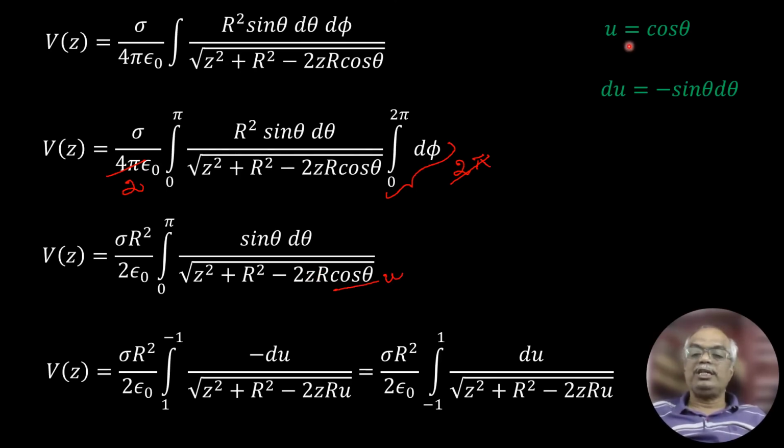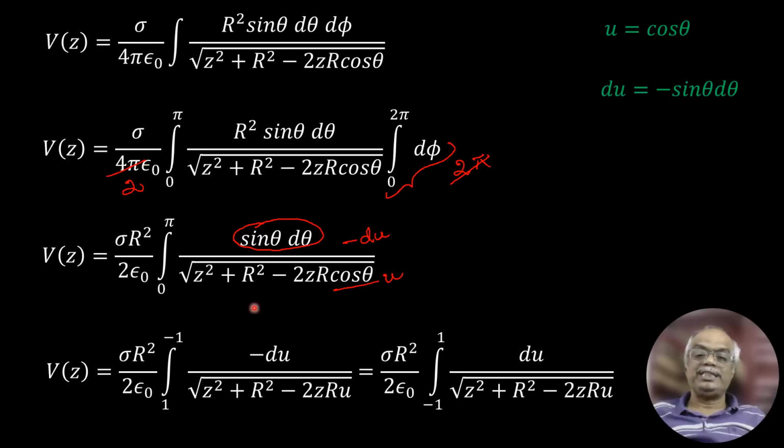So u is equal to cos theta, then du is equal to minus sine theta d theta, or you can say sine theta d theta is equal to minus du. So I am replacing this integral with minus du divided by this square root term, where I replace cos theta by u.